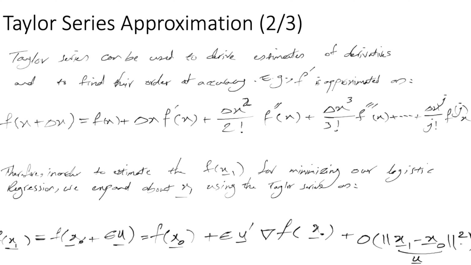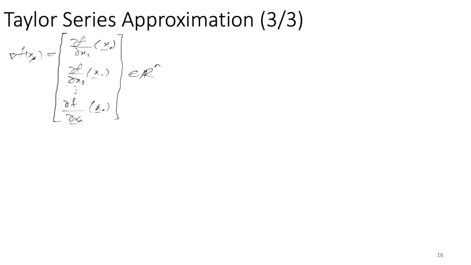All right, so let's see how we're going to compute that gradient here. It's going to be equal to the derivatives of f with respect to x1 at the point x0, up to xn at x0, in our n-dimensional space Rⁿ.